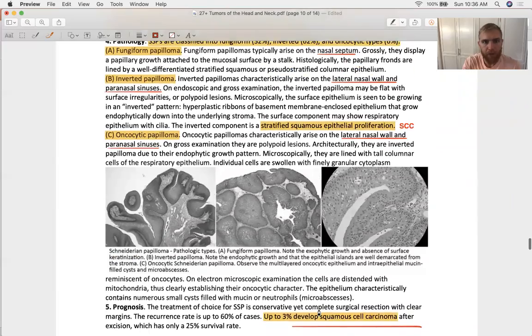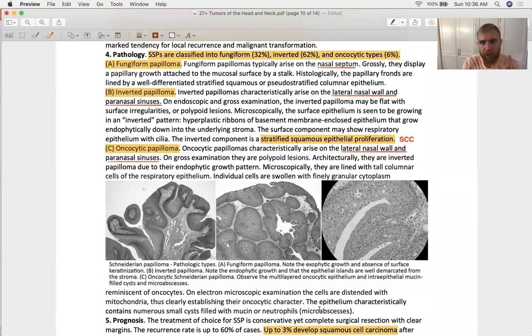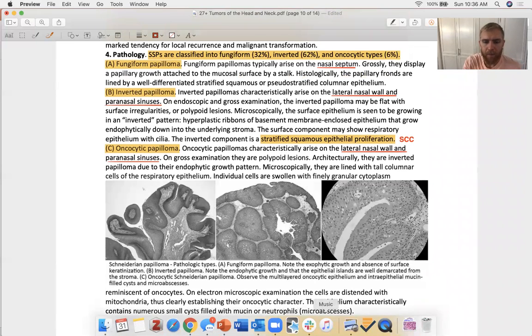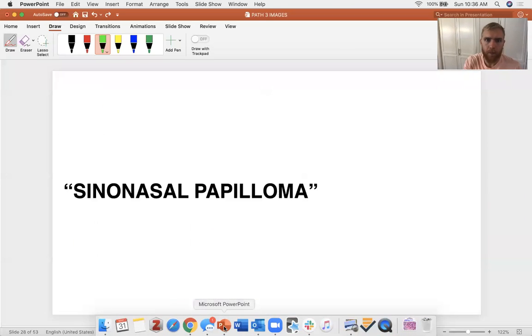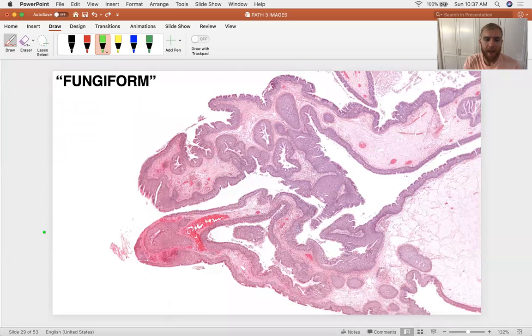Let's wrap up this section by breaking down the 3 subtypes histologically. You've got fungiform papillomas, which are exophytic. And exophytic has a buzzword associated with it, and that buzzword is cluster of grapes, okay?